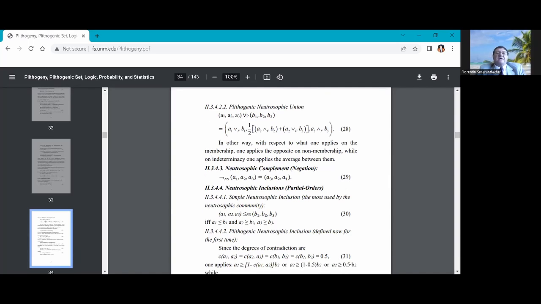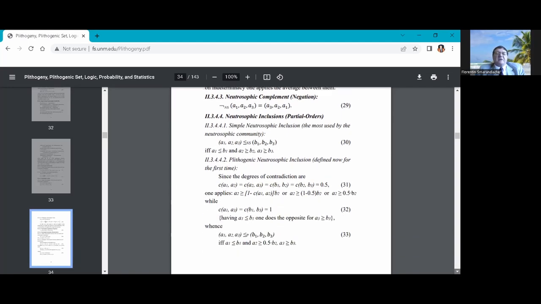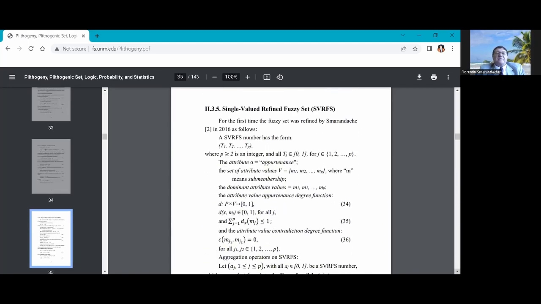How to define the operators, union, intersection, and then complement or negation of the pletogenic sets.